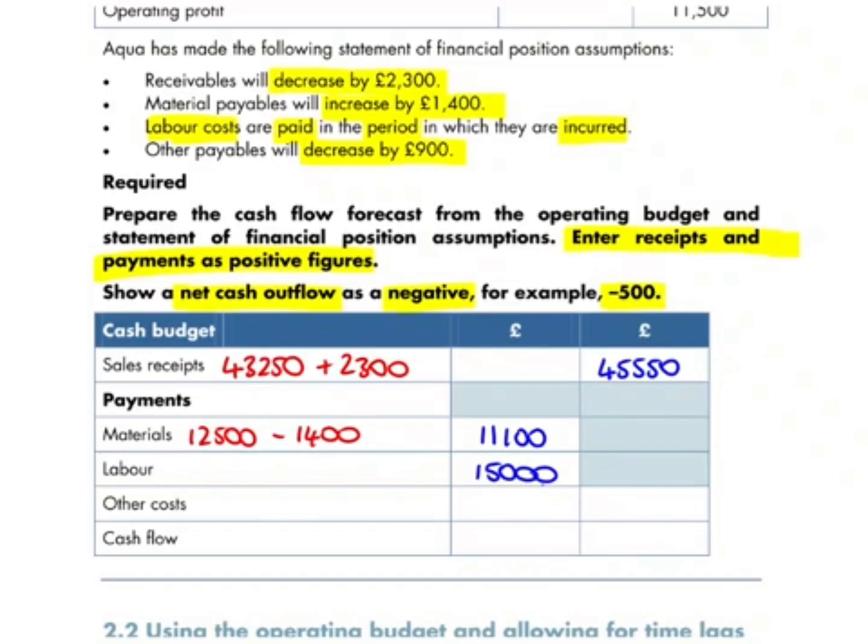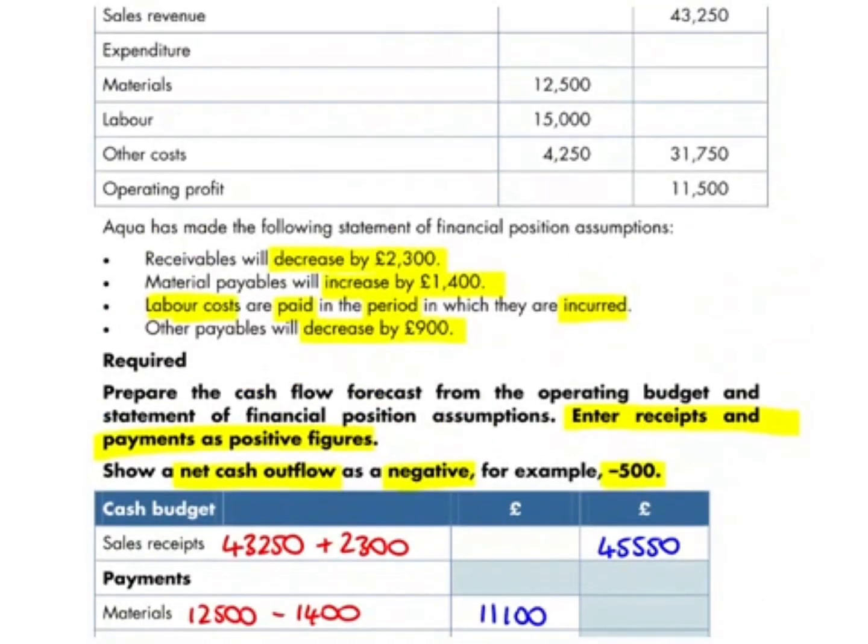For the other costs, well, the other payables themselves are going to decrease by £900. And that means because we're decreasing the payable, we're paying over more cash to our suppliers. So that's going to increase the cash outflow from the business, and therefore the cash outflow is going to be higher than the other costs that we've recorded on our operating budget of £4,250.